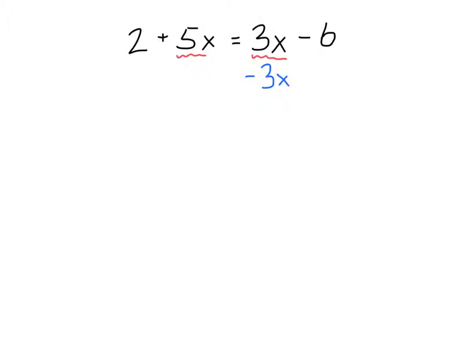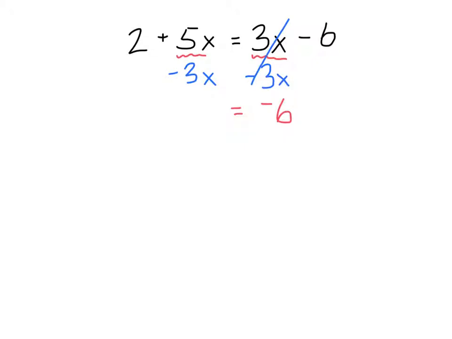So if we subtract 3x from the right side of the equation, we have to subtract 3x from the left side of the equation. On the right side, we have the 3x and minus 3x. Those cancel out. And all that we have left on the right side of the equation is -6.